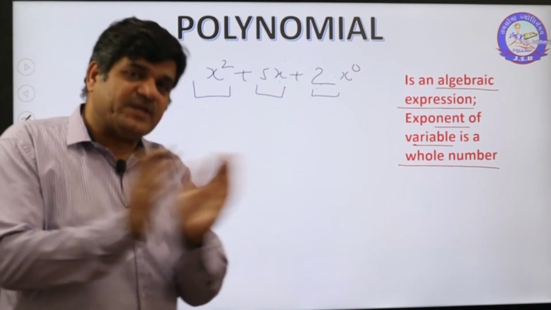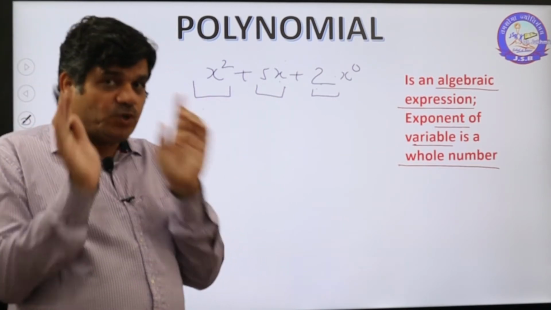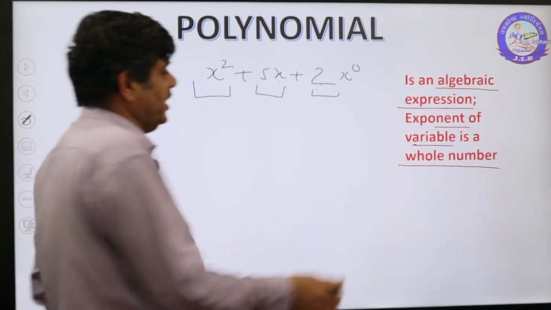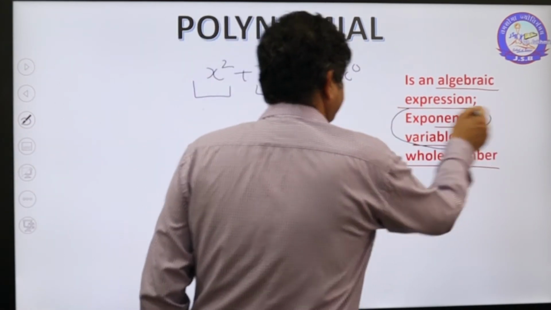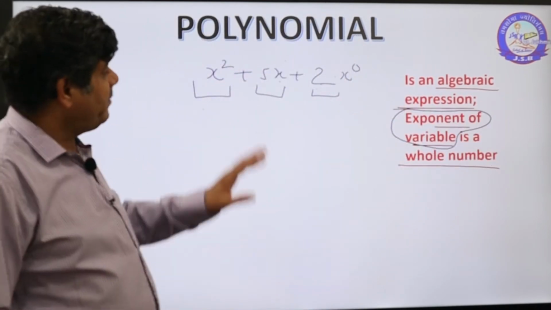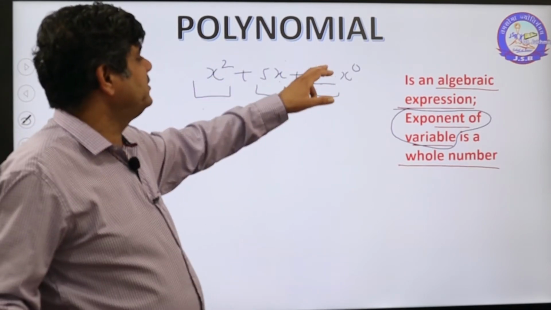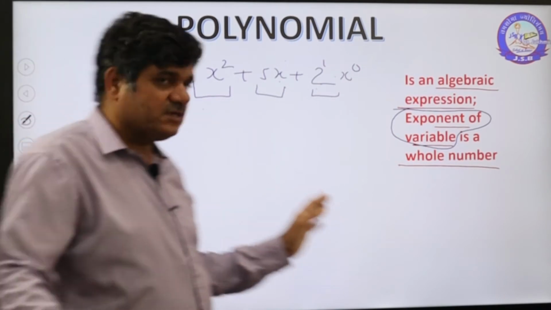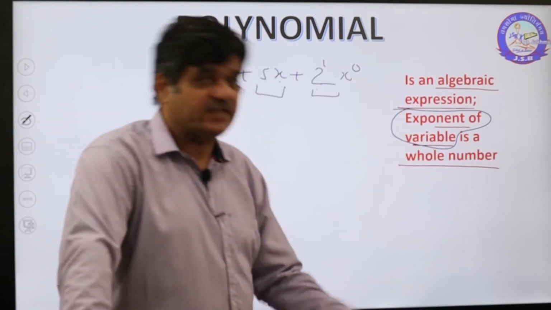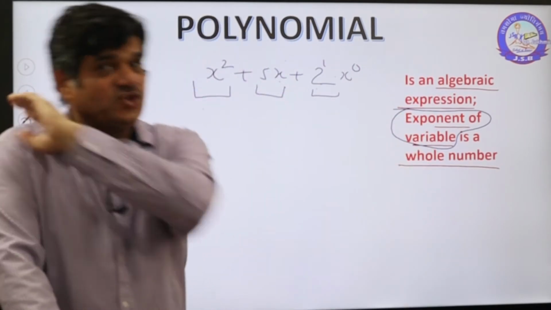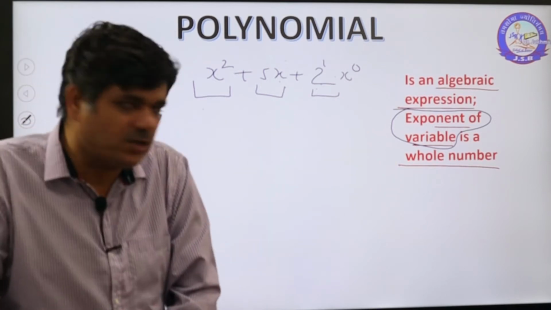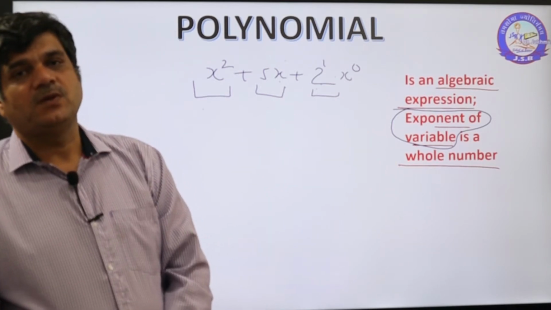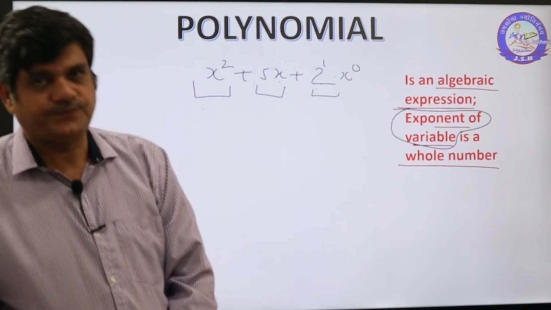So any algebraic expression, what you have to look for is the exponent of the variable only. Nothing else. I'm not concerned with the exponent of the number. Not at all. I'm just concerned with the exponent of the variable, and that must be a whole number. If it is not a whole number, I cannot call it a polynomial.